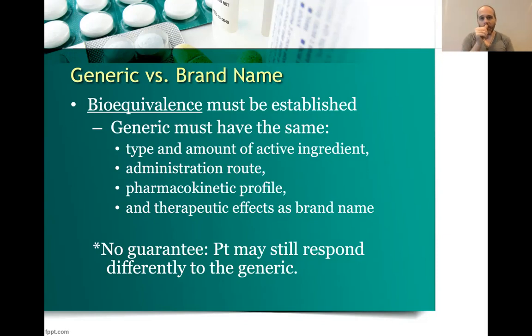Now, even when bioequivalence is established, nobody, even the FDA, can guarantee that the body is going to respond exactly the same to the generic as it does to the brand name. Almost always it does, but there are some cases when generics and brand names of the same chemical compound will react differently with the same person.